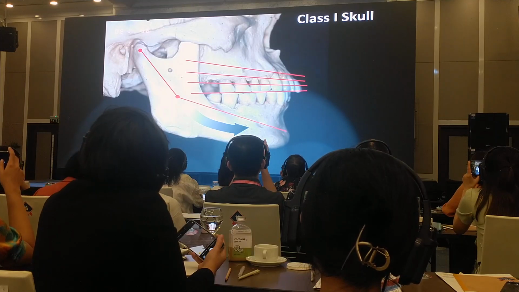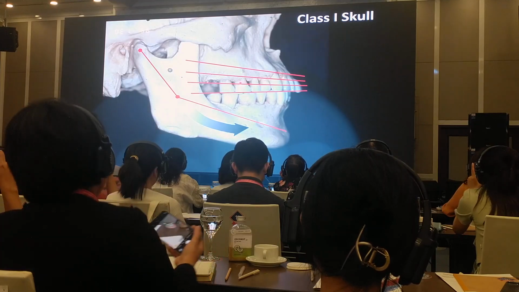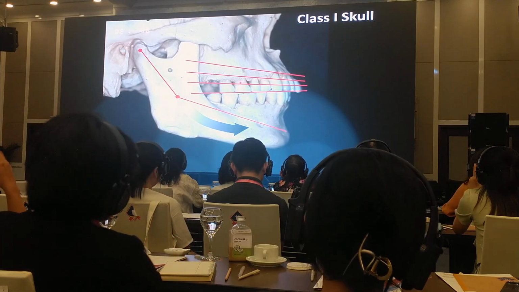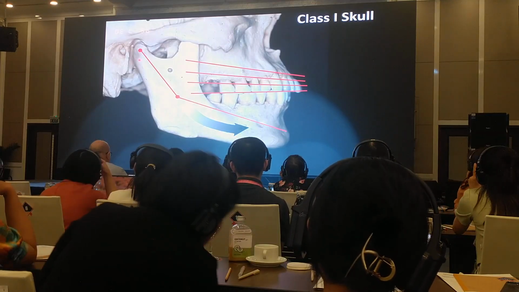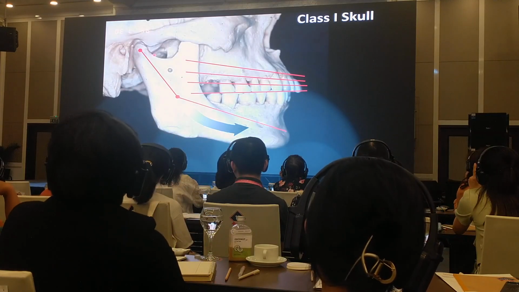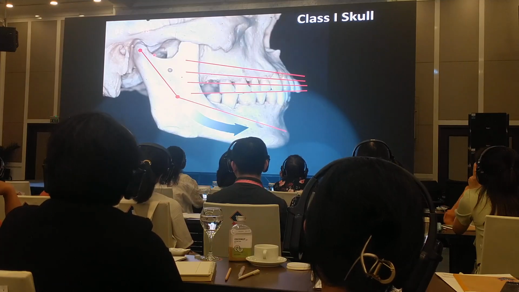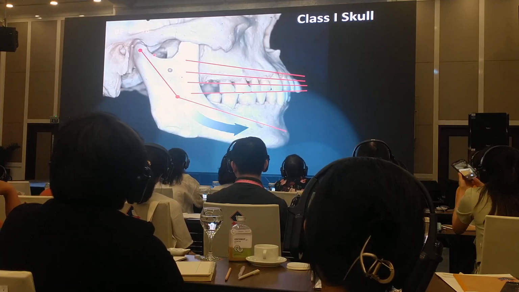In this kind of growth and development the mandible always rotates forward. That means, think about the joint, the condyle is always pulling down. Right? This is very important.